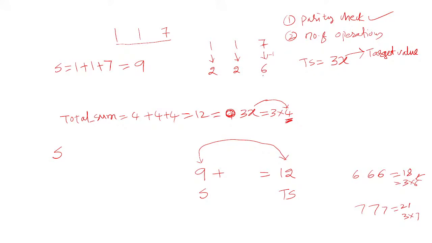So what is the new value you are getting here? 6 plus 2, 8. 8 plus 2, 10. That means after one operation, the sum of those numbers is 10. So the initial sum after one operation is increasing by 1.